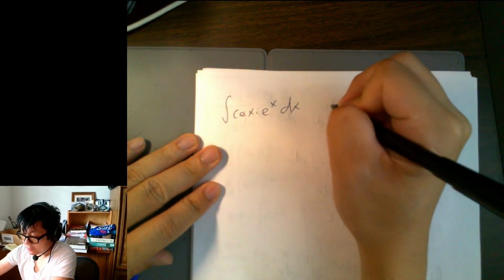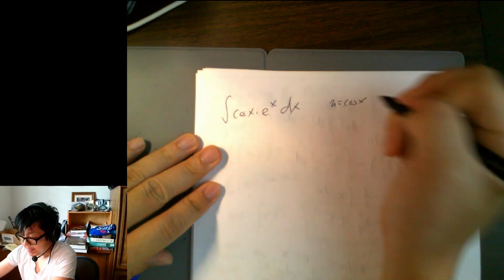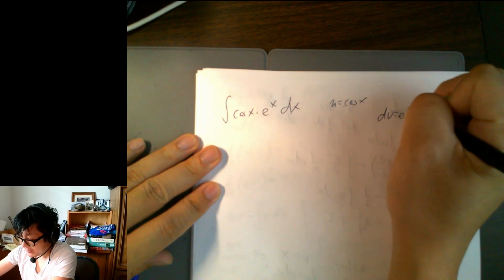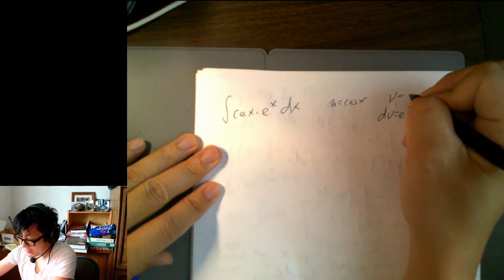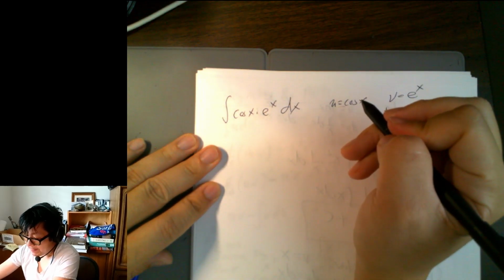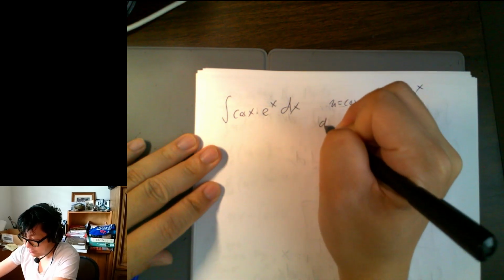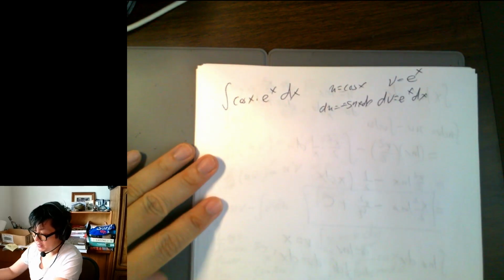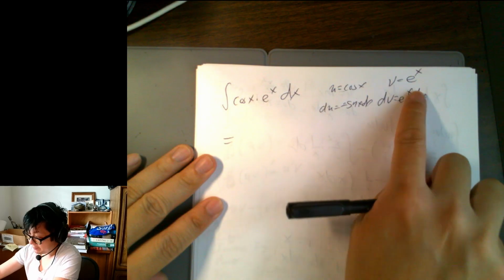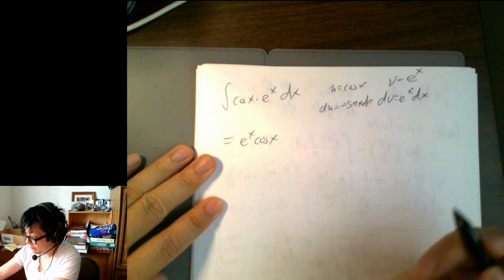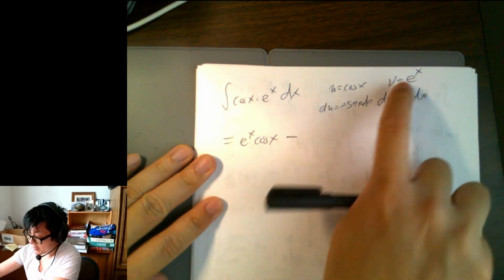Well, u should be cosine x, because trig is above exponentials. dv is e to the x dx, and v is e to the x. So if I take the derivative of this, du would be negative sine x. So if I apply this, it's u times v minus the integral of v du.